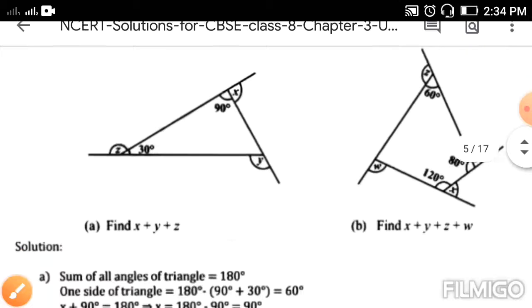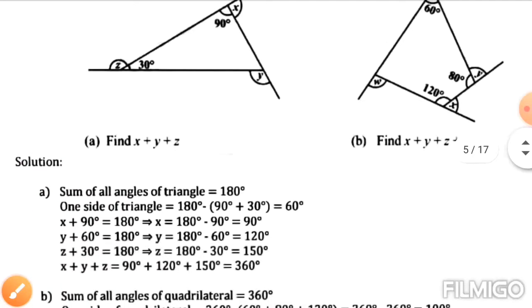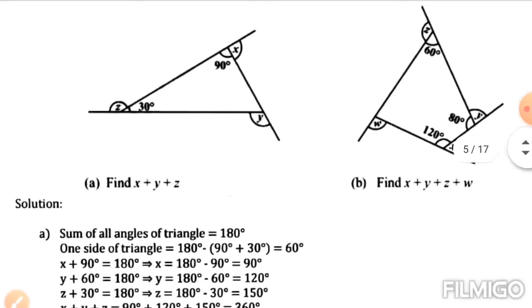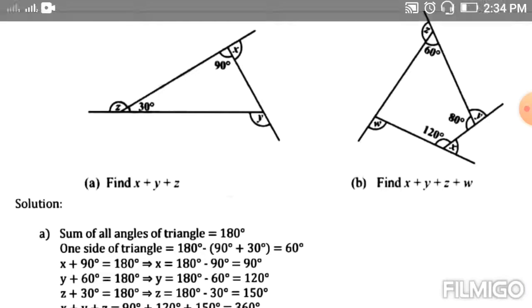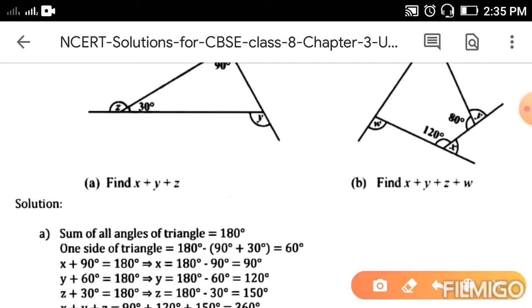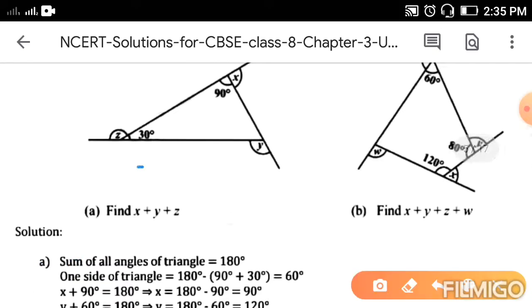So how to find out? The sum of all angles of a triangle is 180 degrees, and of these 3 angles, one is 30, one is 90, and here one more angle that is not given.